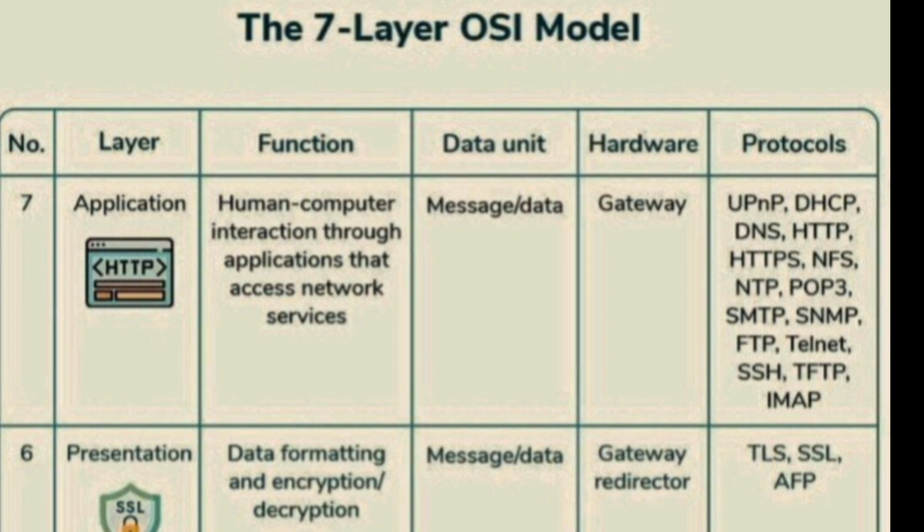Coming to the presentation layer, the data or message which you send from the physical layer to the transport layer is not a message as such. These are all in the form of an encoding format. Actually, if you send hi, then the message will be in the form of zeros and ones. It will be encoded. At the presentation layer the data will be decoded.